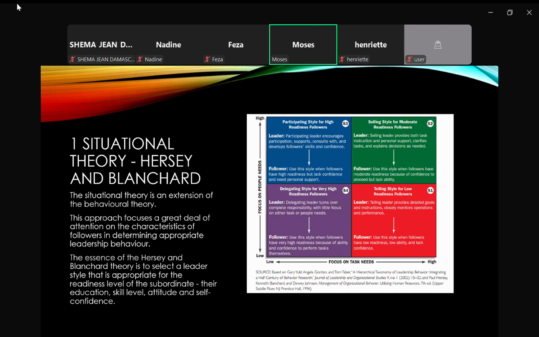Style number 1 should be used where followers do not have skills and they are not also confident. Whereas style number 4 is where you are leading a team of professionals who are both skilled and confident.